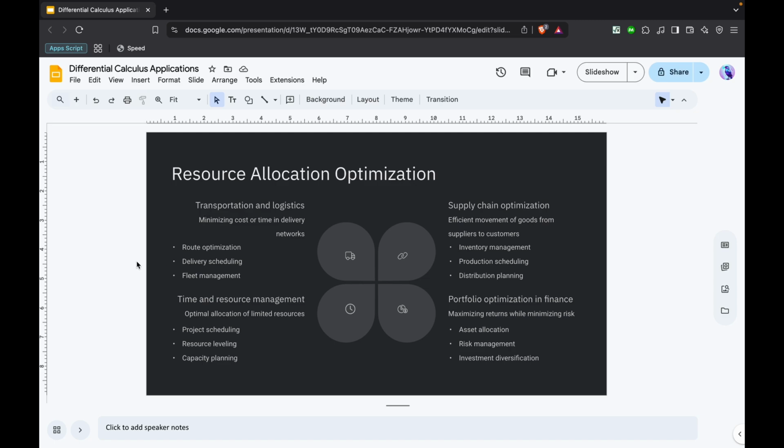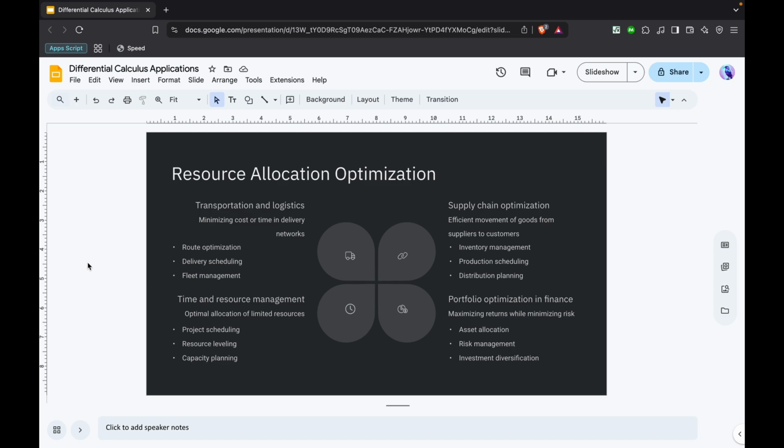What we're trying to do is minimize shipping costs and shipping time in all our networks. It also uses the same optimization problems, but it also uses other aspects like delivery scheduling and fleet management, which could use not just calculus but other aspects like algebra to figure out time.